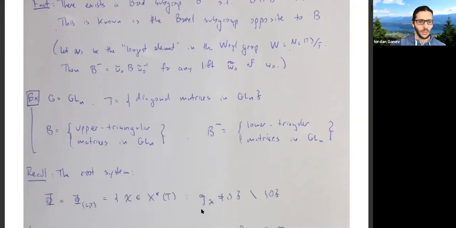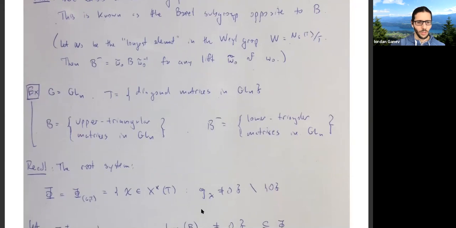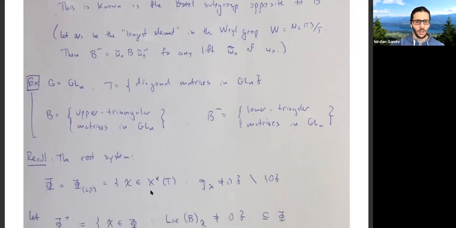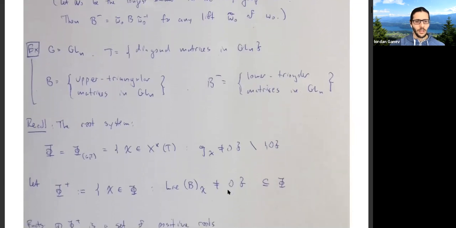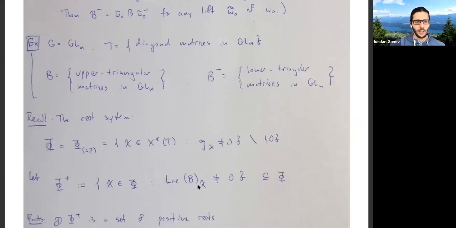Okay, so then we also had the root system, which, as I just said, is all the non-zero characters of this torus that appear in the adjoint action. And the Borel actually defines a set of positive roots. I mentioned how, if you have the root system, you can just pick a generic hyperplane and say that the things on one side of the hyperplane will be positive roots.